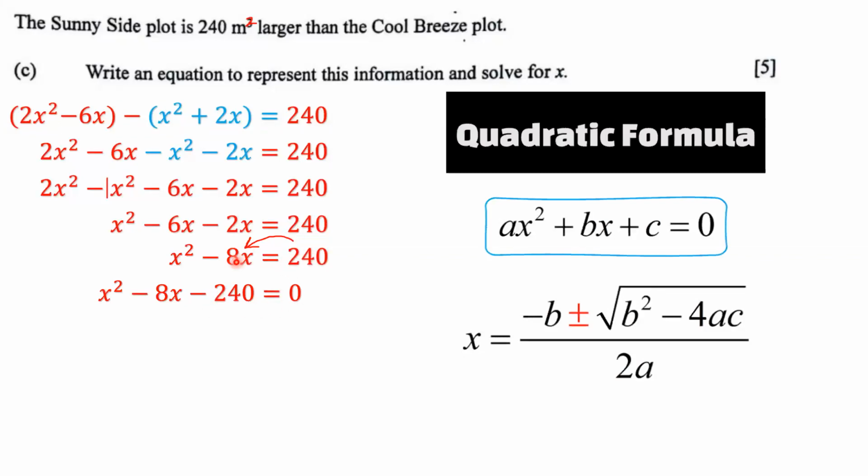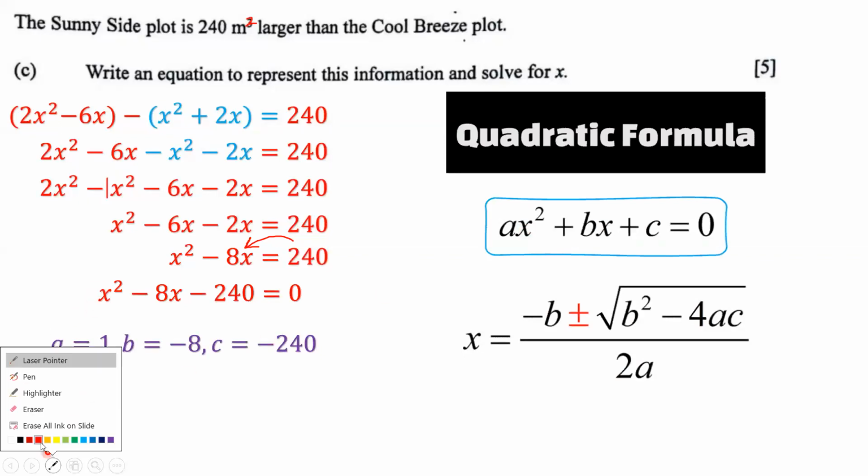Okay, so what else do we need? Well, we know that we have to apply the formula now. And how do we apply the formula? Well, we need to figure out what is A, what is B, what is C. So remember, A is the coefficient of x squared. In this case, the coefficient of x squared is 1. Like I said, if you don't see a coefficient on x squared, it's 1.